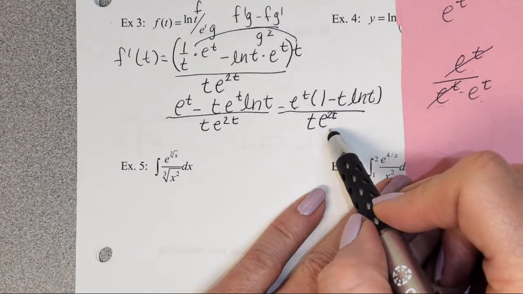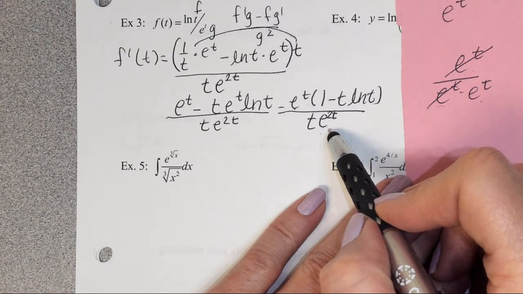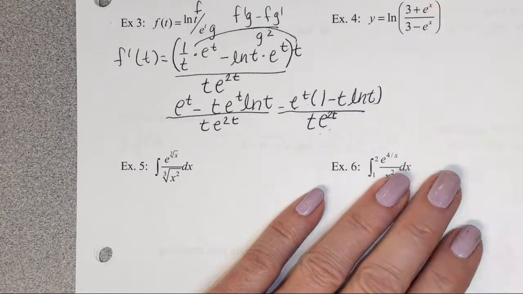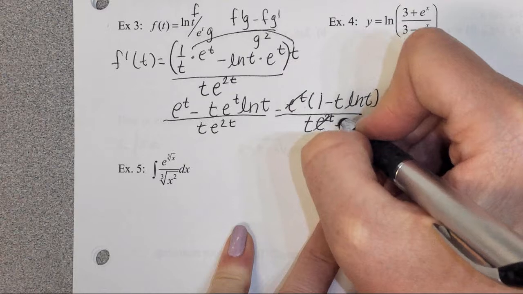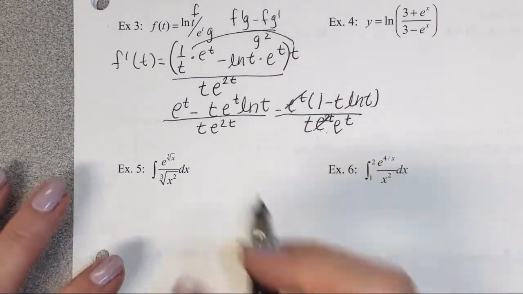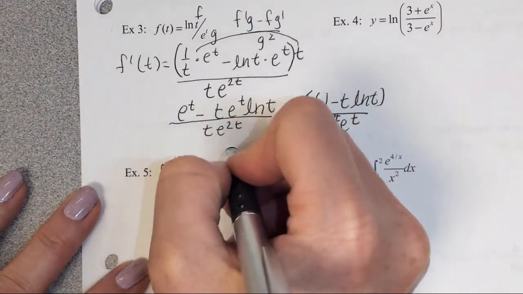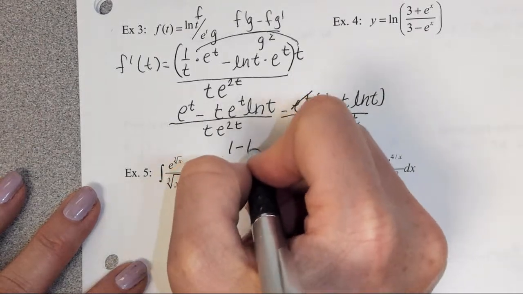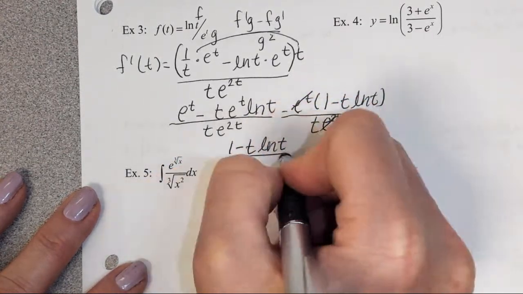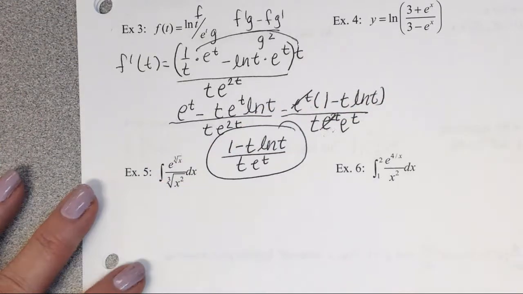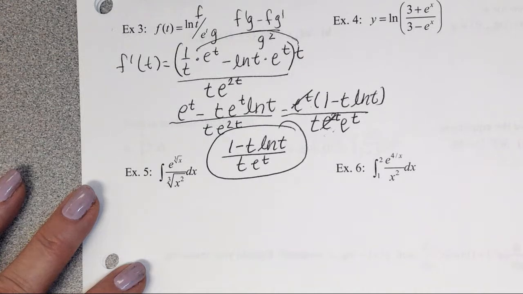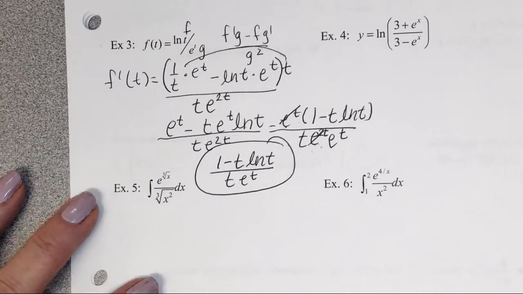So what am I just going to have on the bottom then? Right. So this can cancel with one of those and leave me with just an e to the t. So now I've got 1 minus t ln of t all over t e to the t. That would be the answer you'd see in the back.